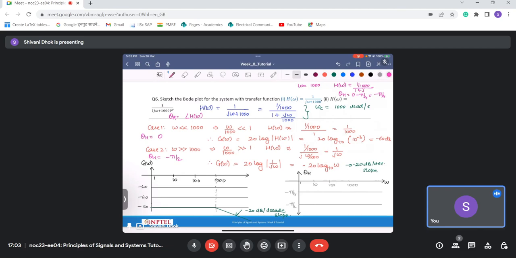At 1000 this takes the value minus pi by 4. Before that it is all 0, and after that it is all minus pi by 2. So it is actually something like this. This on the left hand side is the magnitude response, and this on the right hand side is the phase response. So this is the Bode plot for this case.